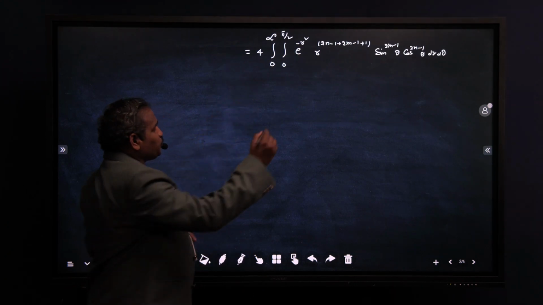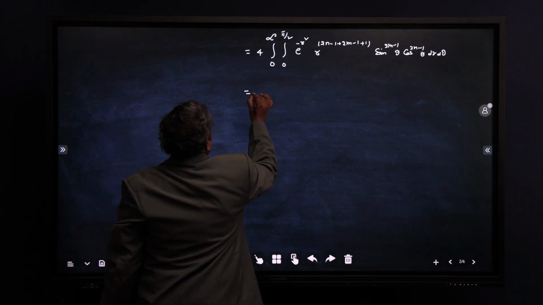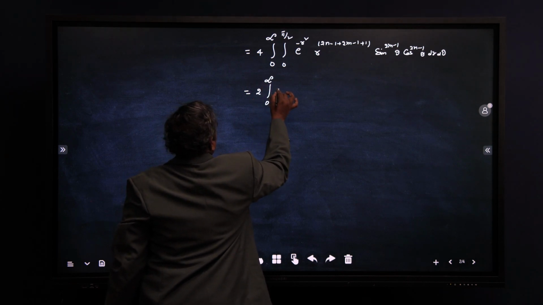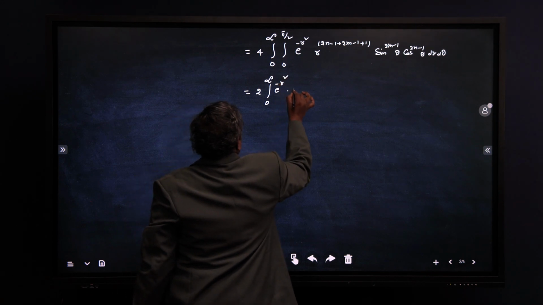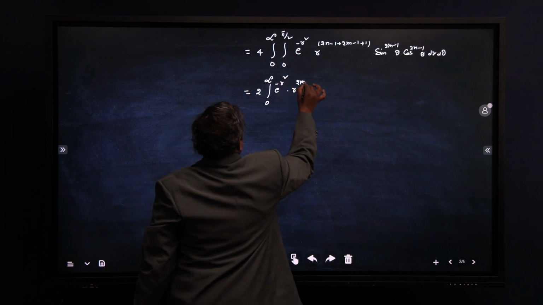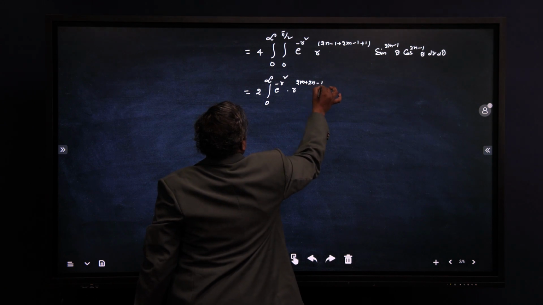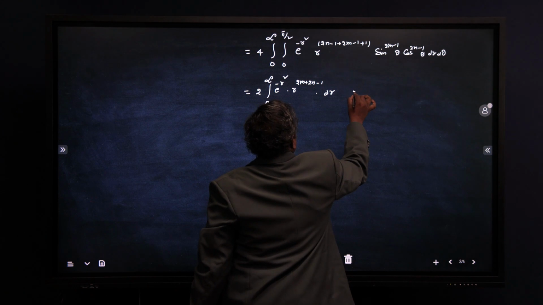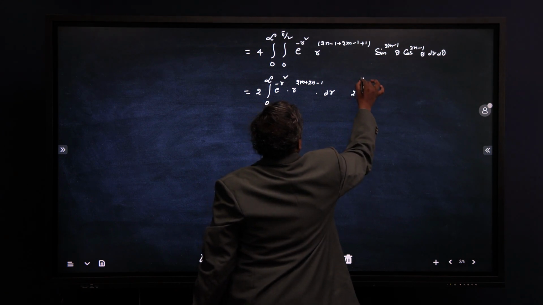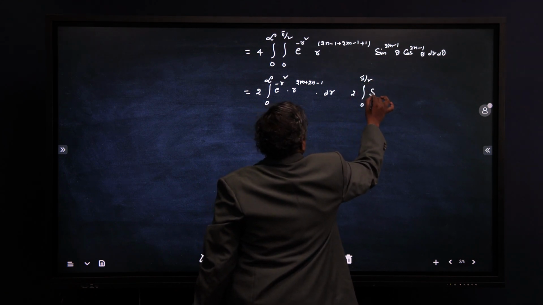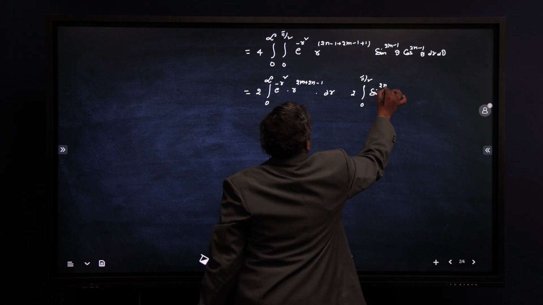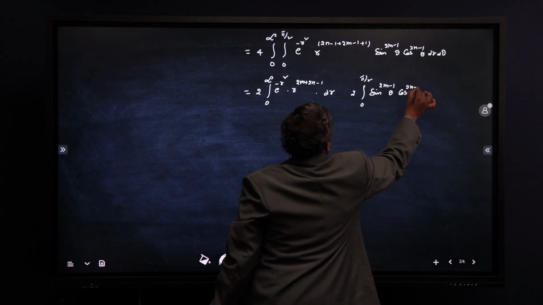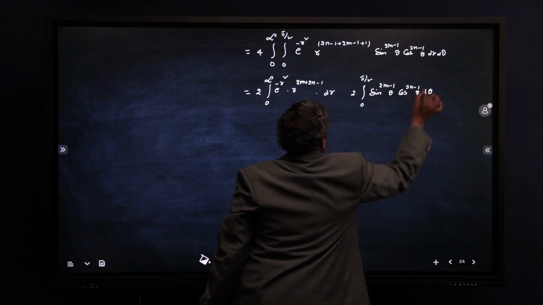By simplifying, this can be written as 2 into integral 0 to infinity e power minus r square r power 2m plus 2n minus 1 dr, into integral 0 to pi by 2 sin power 2m minus 1 theta cos power 2n minus 1 theta d theta.